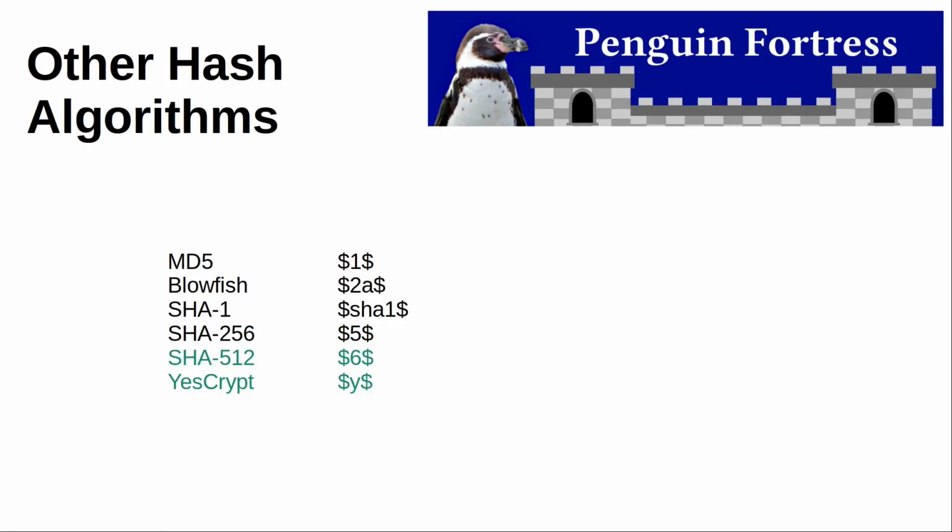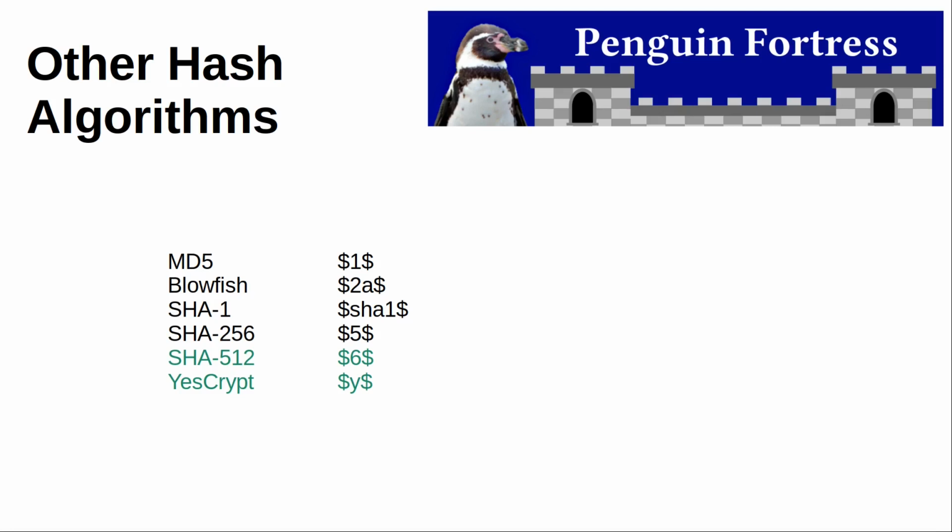Here's a few of the hashing algorithms that are used for Linux passwords. When you look at the password string that is generated, they start with a few characters, and these are telling you the algorithm that's used so that the system knows what algorithm to apply to your password.